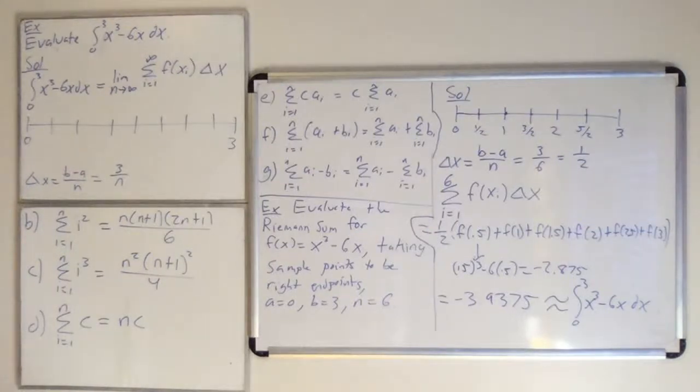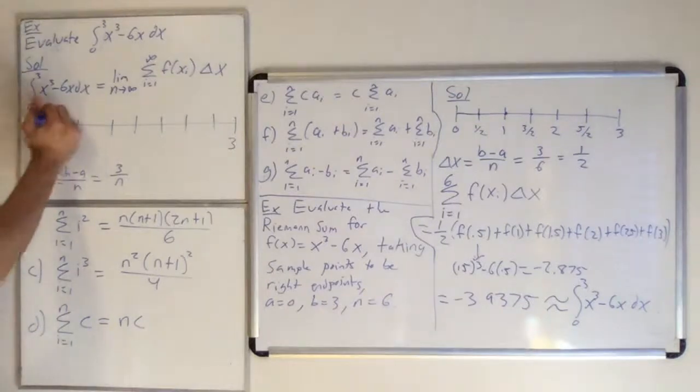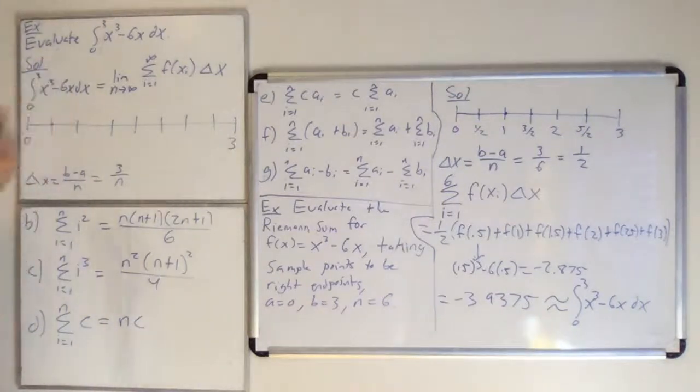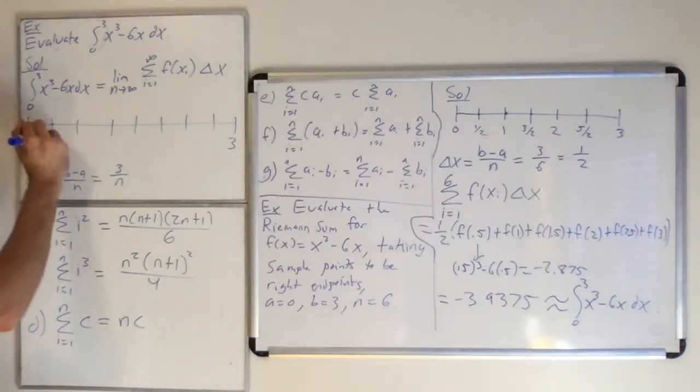So our first right endpoint, and again, we'll use right endpoints. It doesn't matter which endpoints we use, but it works out easiest when we use right endpoints, in my opinion. Our first right endpoint would be 0 plus 3 over n, which is 3 over n.